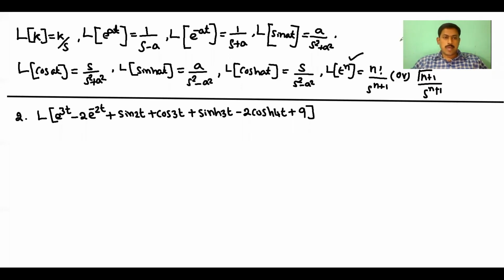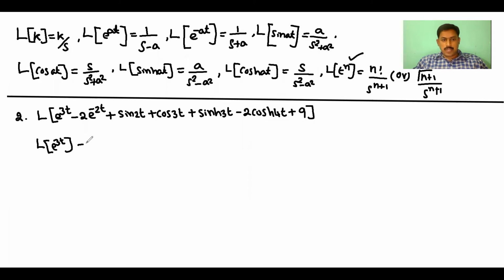Next problem is Laplace transform of e power 3t minus 2 into e power minus 2t plus sin 2t plus cos 3t plus sinh 3t minus 2 into cosh 4t plus 9. Using the linearity property, we can write the terms like this.